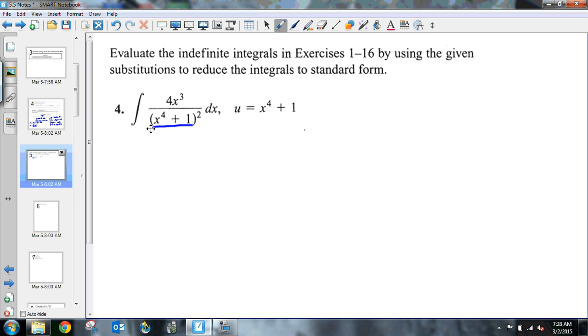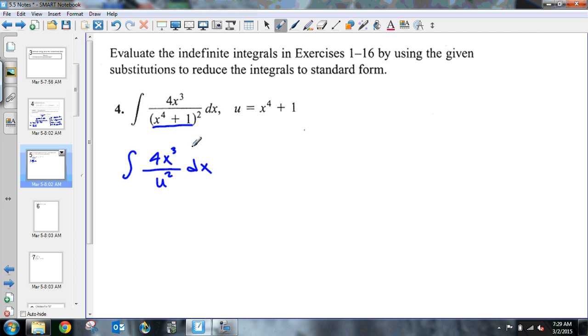So when we did the chain rule, we would take the derivative of our outside function and then multiply by the derivative of our inside function. Okay, so what we want to do is we actually have a value for u. u is equal to x to the fourth plus 1. And what I want to do here is rewrite my integral as 4x cubed over u squared dx, okay?